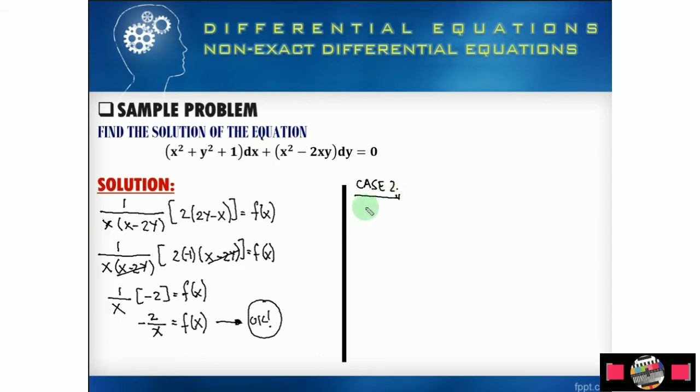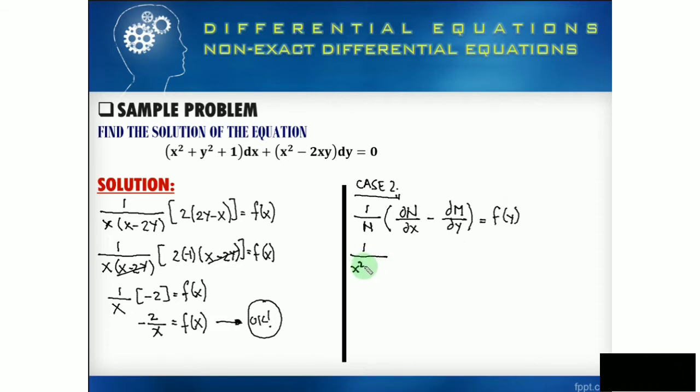So according to case number 2, we have 1 over n times this difference of the partial derivative of n with respect to x minus the partial derivative of m with respect to y is just equal now to f as a function of y. Again, working out this equation, we have here x squared minus 2xy times, so we have here 2x minus 2y, and then minus this 2y, equal now to f as a function of y.